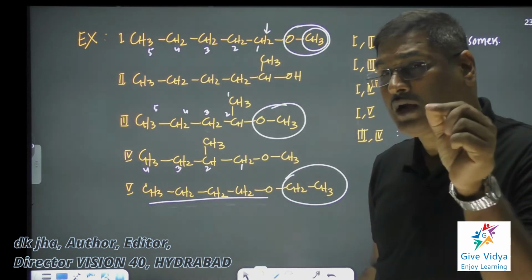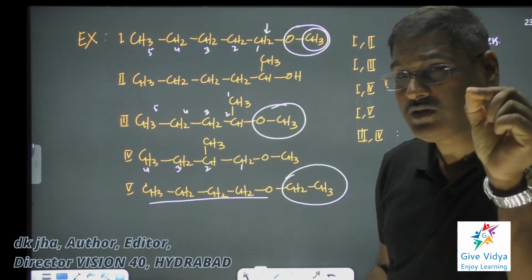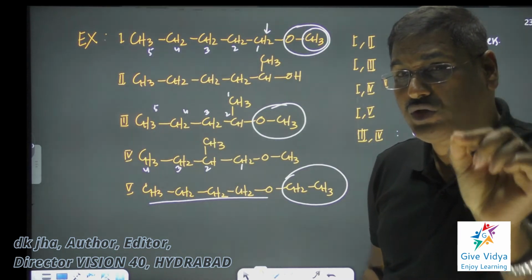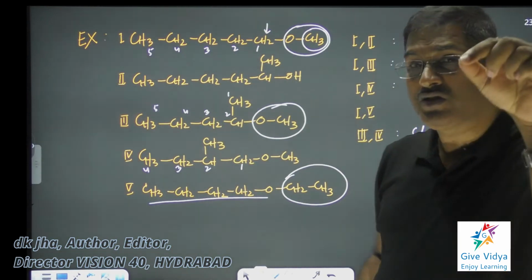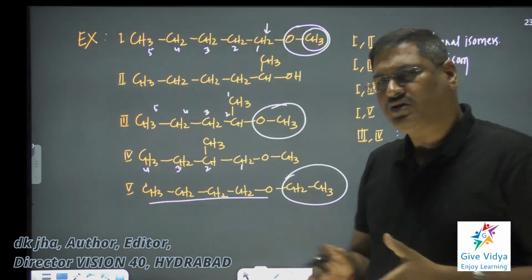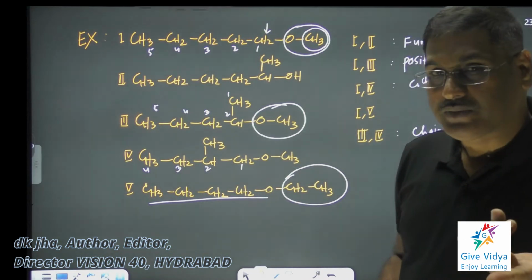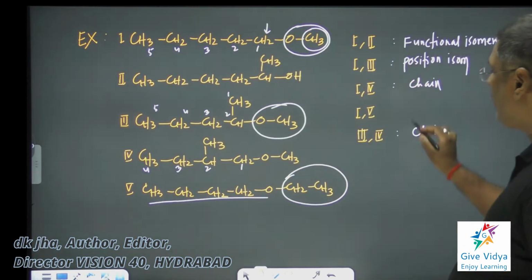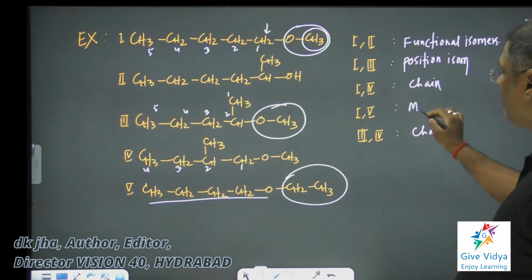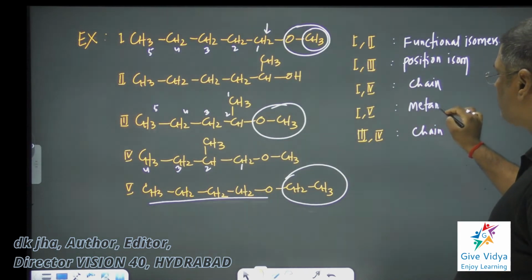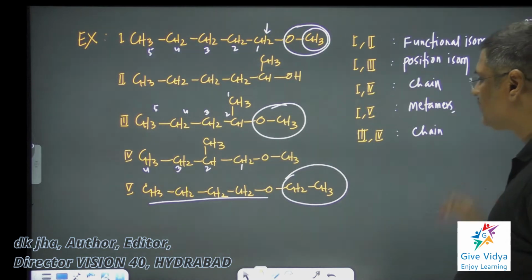The nature of the alkyl group across this kind of functional unit, the oxygen in this ether, is changed, and that leads to metamerism, right? So these two are metamers.